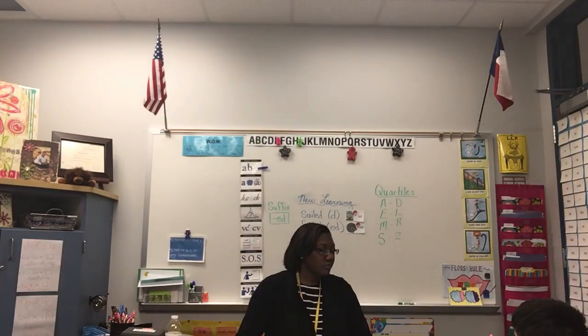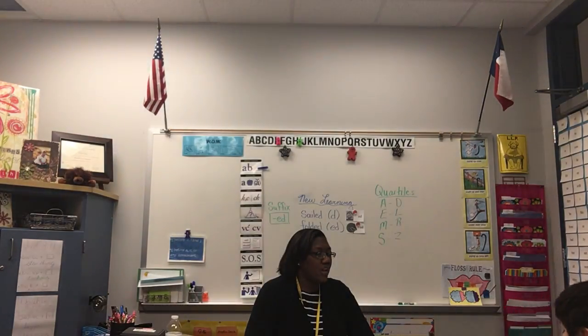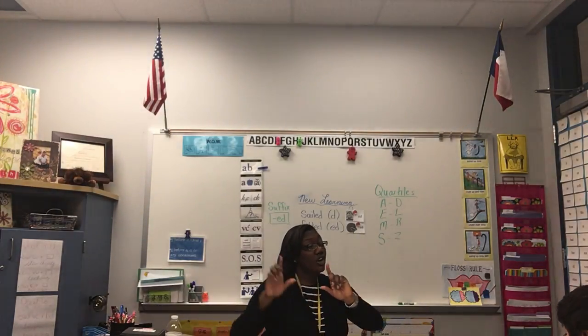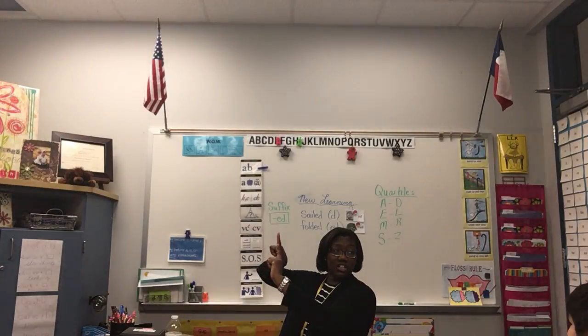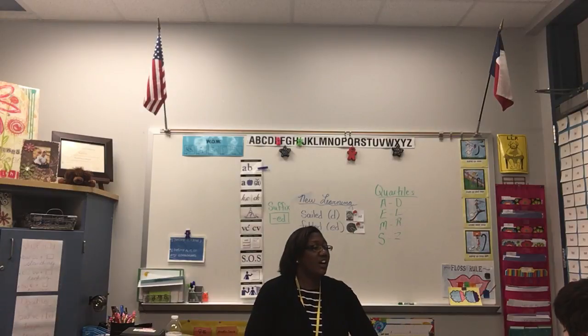A through D. Rondelle. M through R. Very good. And annex. A through D. Very good. Now remember, you're getting your D's and B's backwards. So if you do this, baby doll, a D goes this way. So reverse your D, because that's a B.